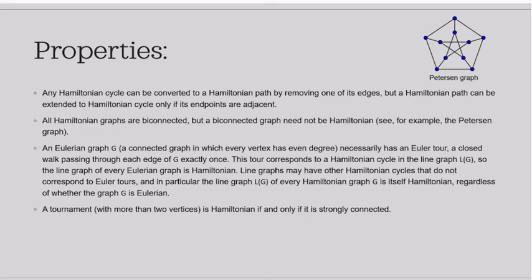Line graphs may have other Hamiltonian cycles that do not correspond to Euler tours, and in particular the line graph L of G of every Hamiltonian graph G is itself Hamiltonian, regardless of whether the graph G is Eulerian. A tournament with more than two vertices is Hamiltonian if and only if it is strongly connected.